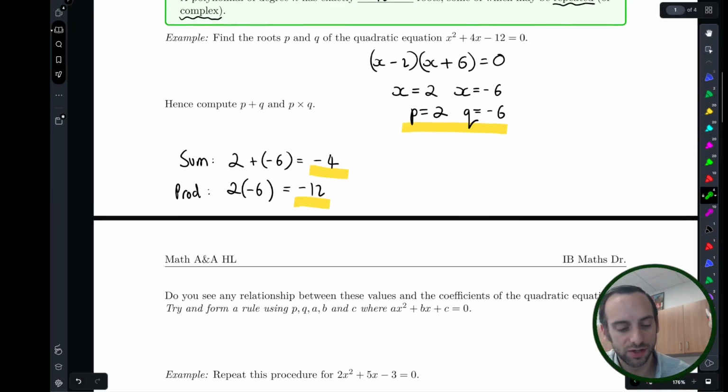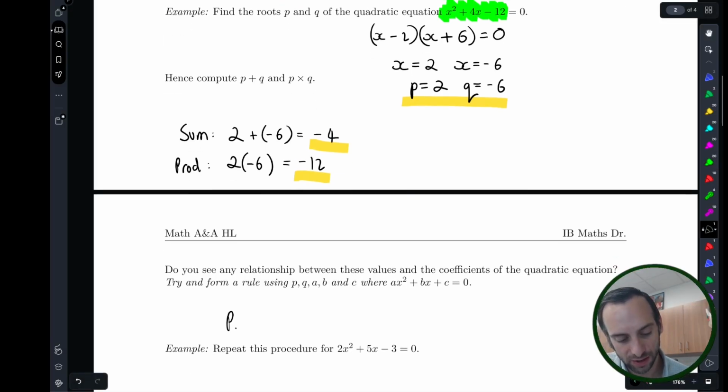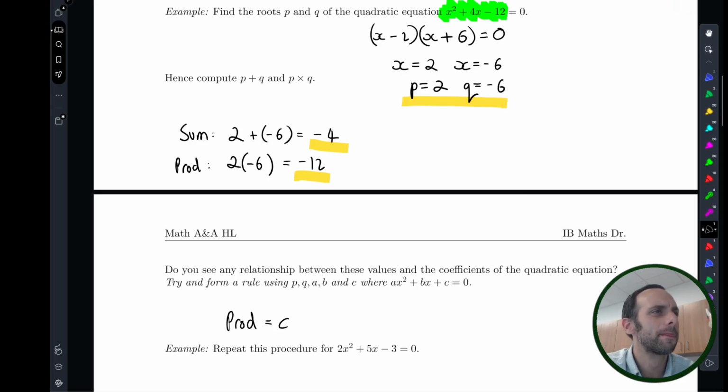Okay? So what we're trying to do is compare these answers, the negative 4 and negative 12, to the original polynomial we started with, which was x squared plus 4x plus 12. Okay? And we'll probably see that it looks like the product is perhaps equal to the c value, and maybe the sum is equal to the negative b value.